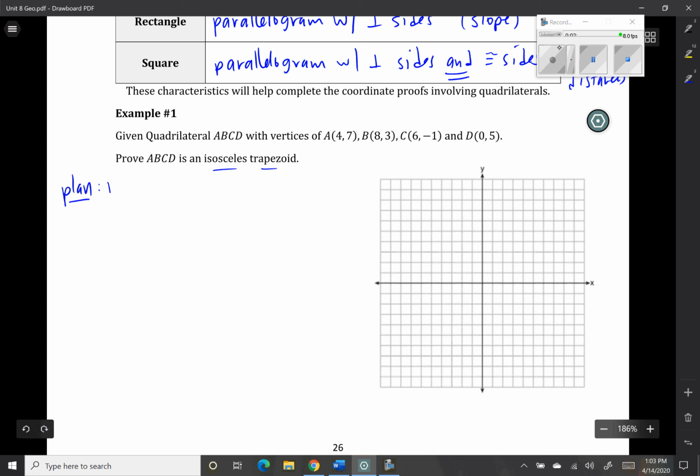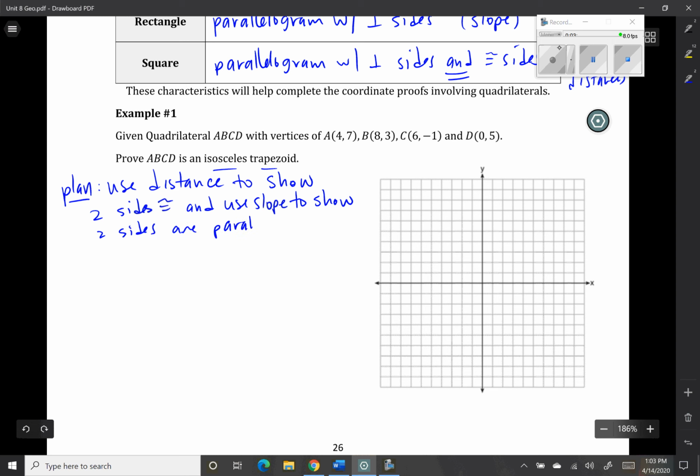My plan is going to be to use distance to show 2 sides are congruent, and use slope to show 2 sides are parallel. Because to be a trapezoid, I have to have one set of sides that's parallel. And to be isosceles, I have to have one set of sides that's the same.